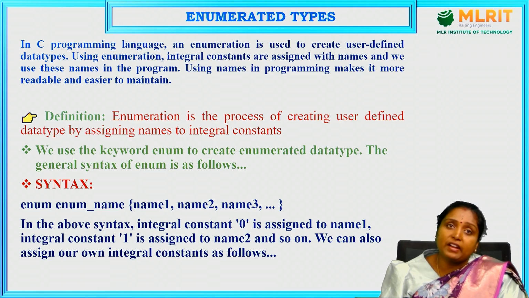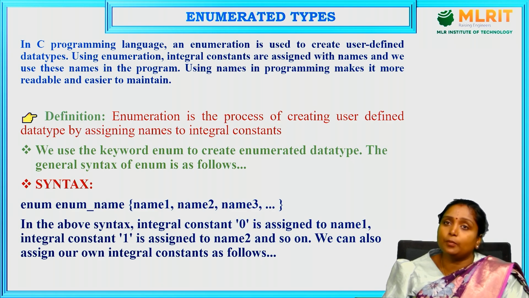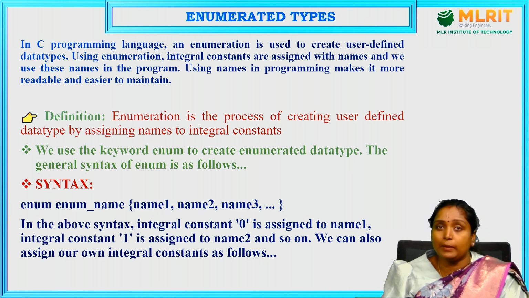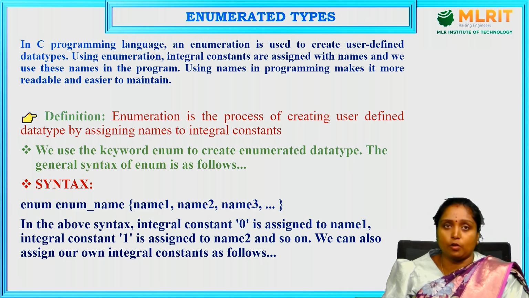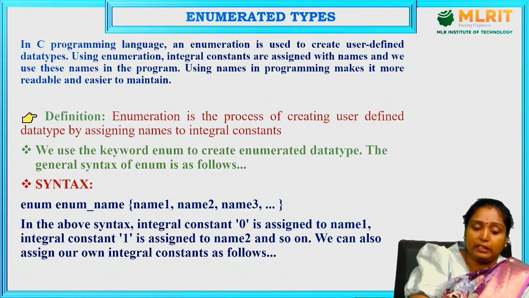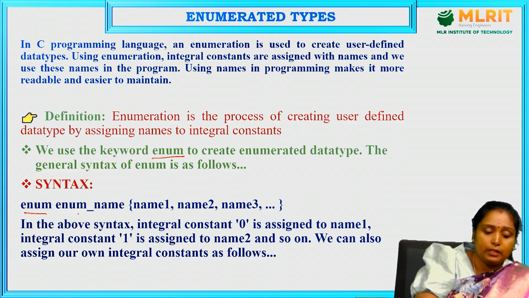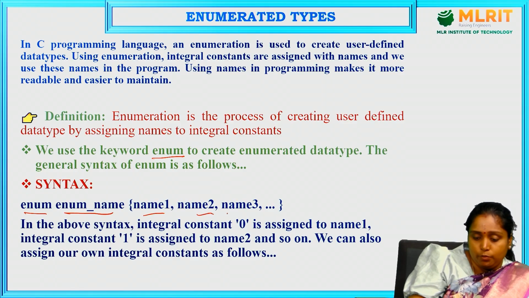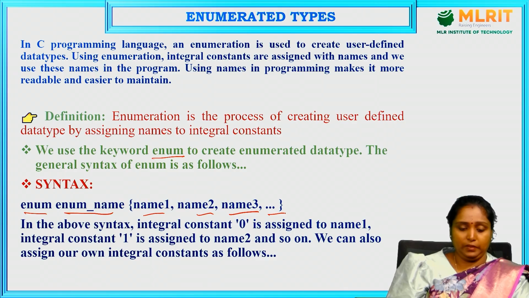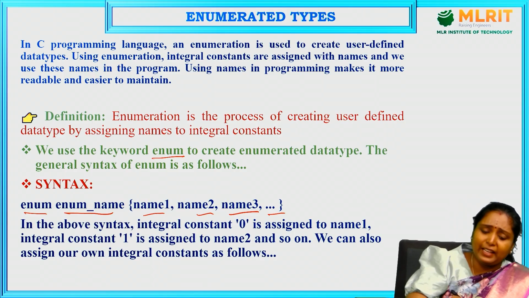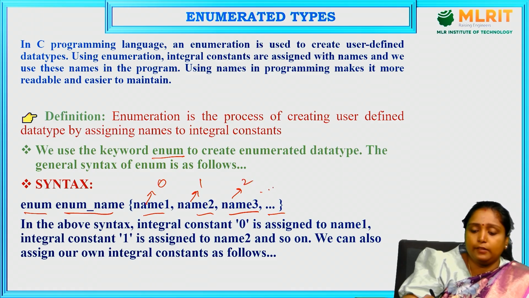We can define enumeration as the process of creating a user-defined data type by assigning names to integral constants. We use the keyword enum to create the enumerated data type. Here is the syntax: enum, enum name, and name 1, name 2, name 3, and so on. It will assign the integral constants to name 1 as 0, then 1, 2, and so on.